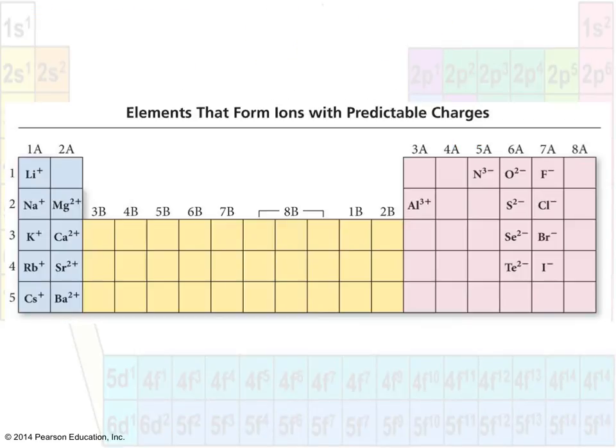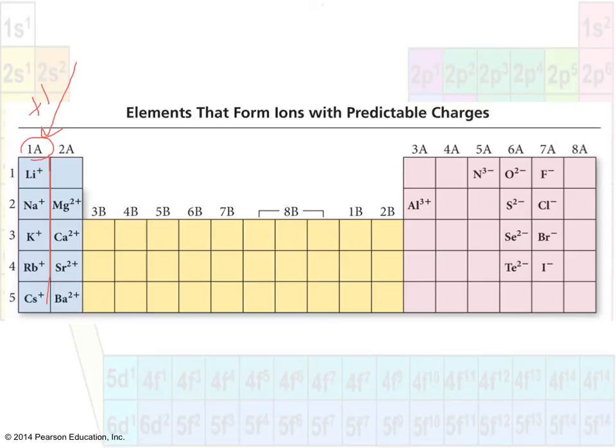First I want you to understand that elements in their natural state on this earth are typically neutral. They don't go around with charges. But when they chemically react and become ions, these are the charges that they almost always assume. Group 1A alkali metals tend to get a charge of +1.